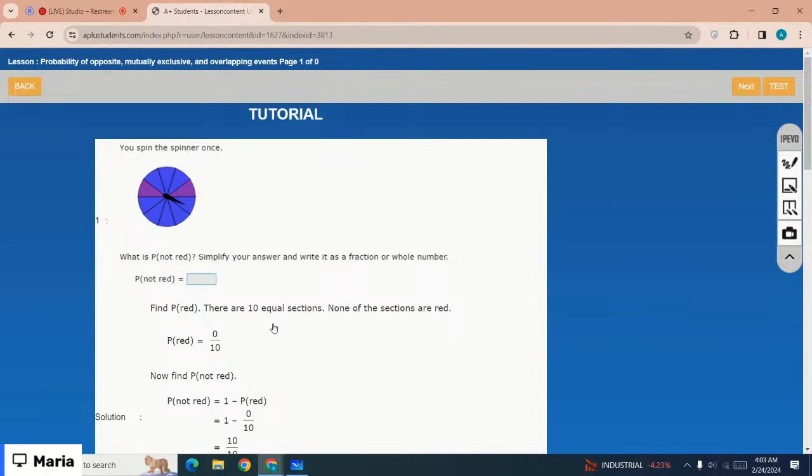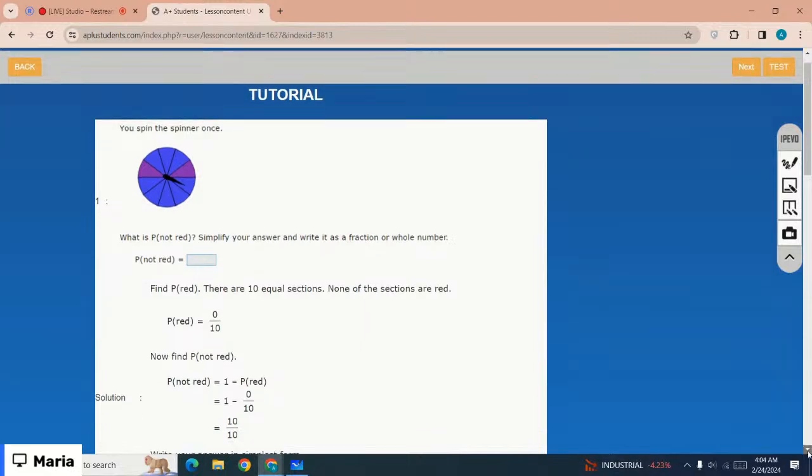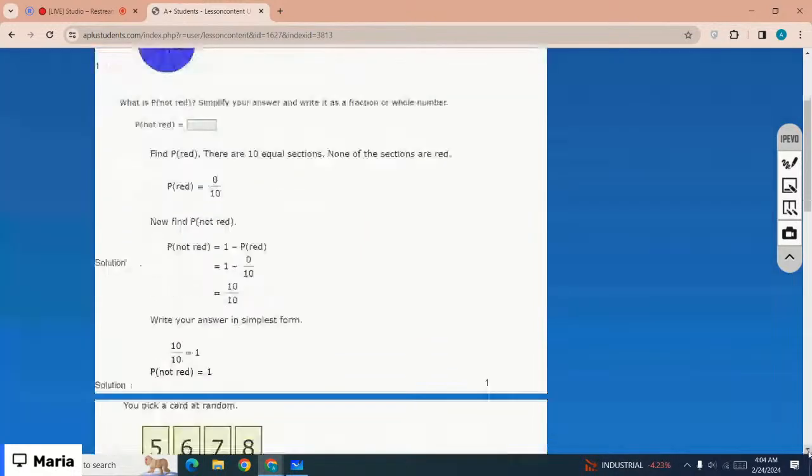Now you need to calculate the probability of not red. You can calculate it by subtracting from 1: 1 minus probability of red equals probability of not red. So 1 minus 0 over 10 is 10 over 10, that is 1. Probability of not red is 1. Got it?